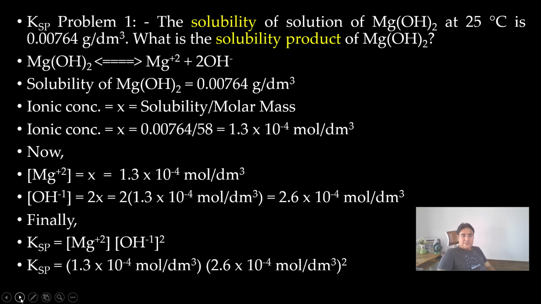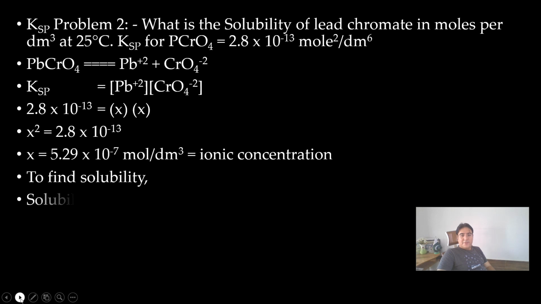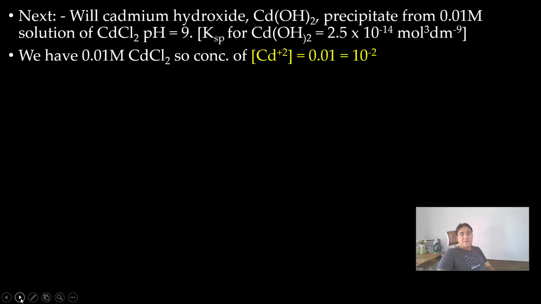This was the first method, this was the second type of problems, and now this was the third. So if in a problem they give us 0.005 molar cadmium chloride, this will change here to 0.005, and in the end we multiply with OH minus ions.